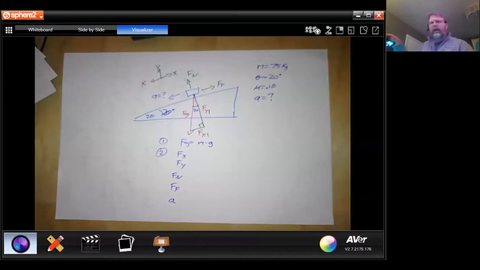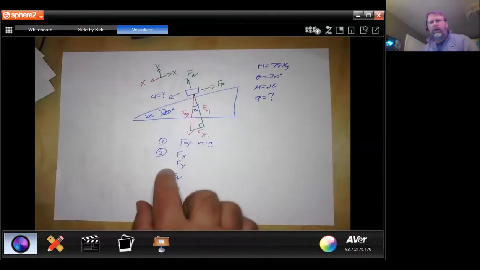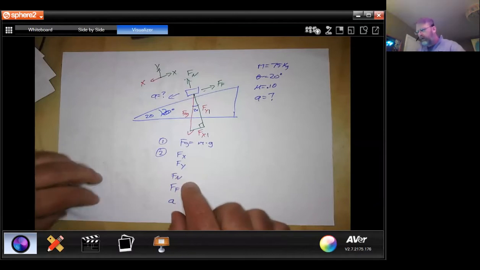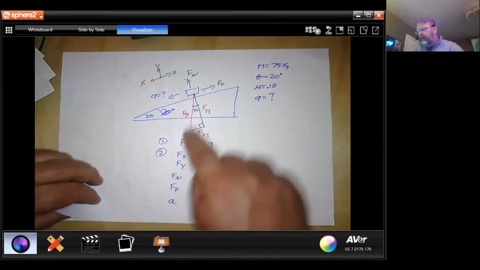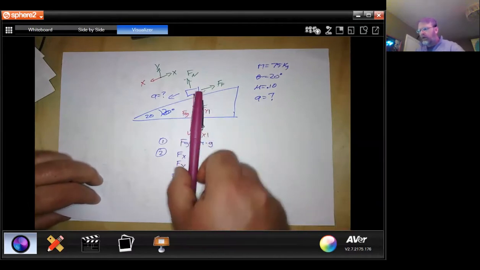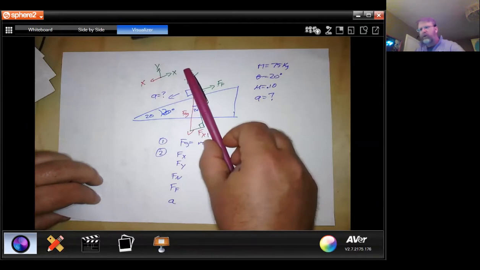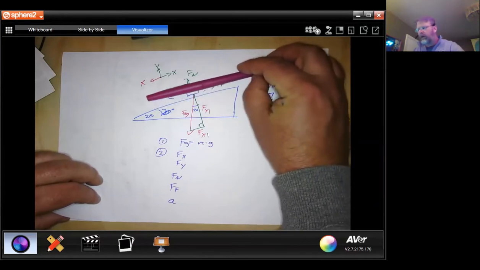Okay, so here we have the different choices, the drawing setup. What we see is there is the force of gravity going down, and that is perfectly vertical. The normal force is always perpendicular to the surface, and the friction force always goes opposite of motion, which would have to be going across the surface.